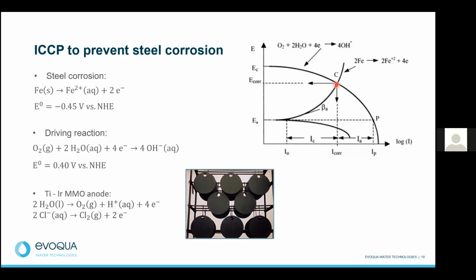Now, to prevent this from happening, a potential is applied to move the potential of the structure towards a protection potential where the whole structure is protected. So the potential is tweaked such that it is at this area where the iron oxidation curve intersects with the iron deposition curve. And exactly at this point, the iron surface of the structure becomes completely inert.